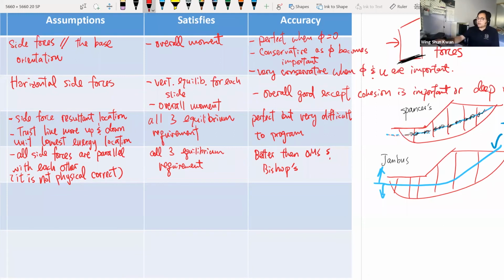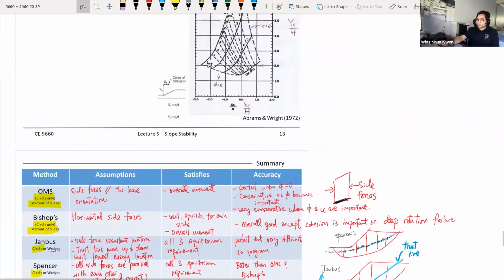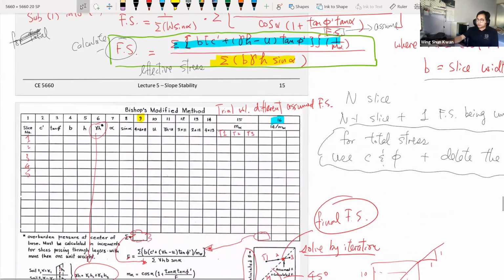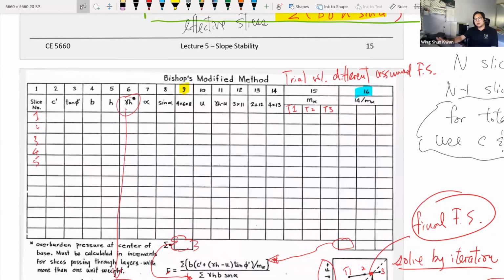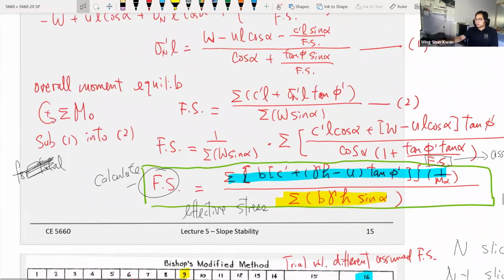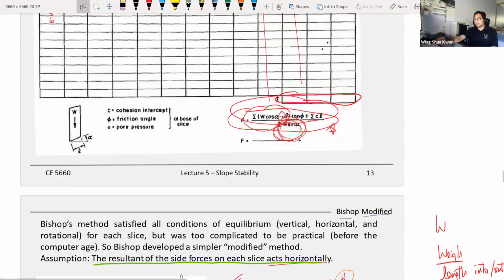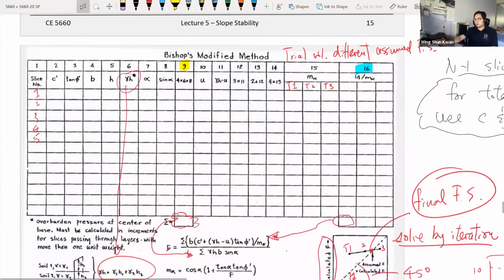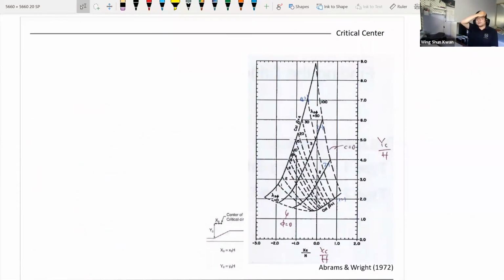In order to do the Spencer and the Janbu methods, it's very hard to do even with a table. It is still manageable for OMS and Bishop, but for Janbu and Spencer, pretty much you need a computer program.